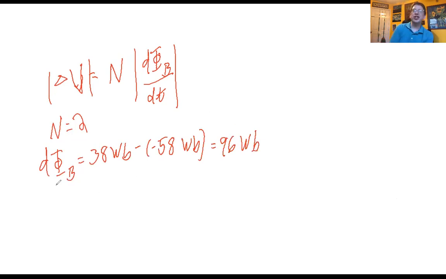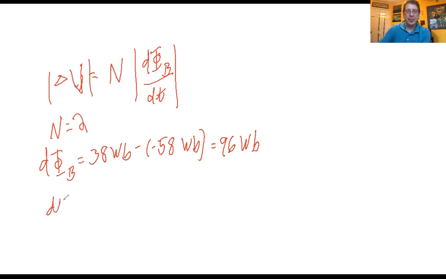And again, direction is more or less arbitrarily defined, as far as which direction is positive and which direction is negative. But the relationship between the direction of the current and the direction of the change in the magnetic flux is not arbitrary.